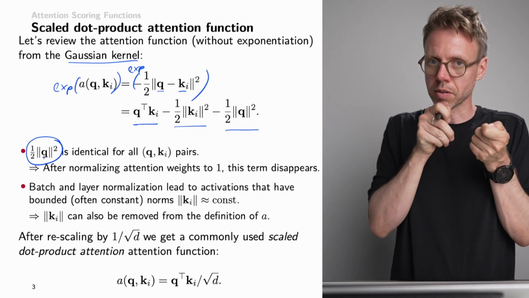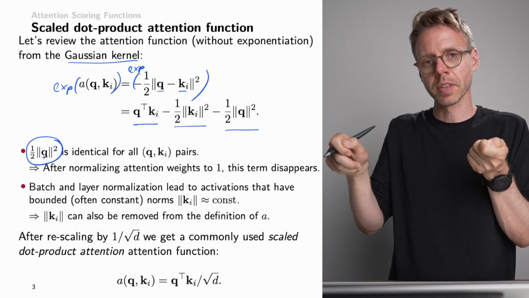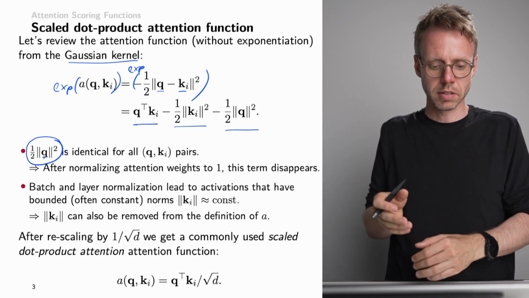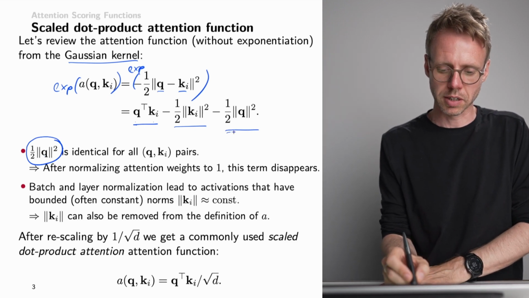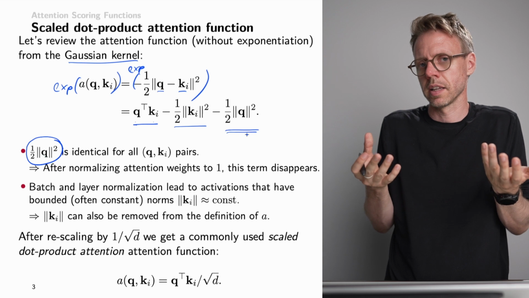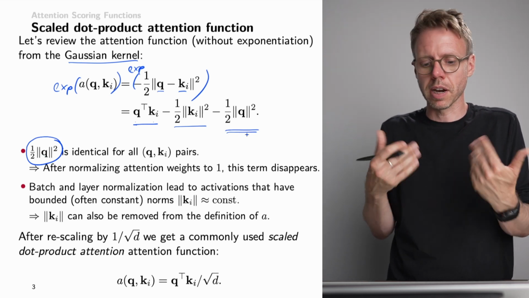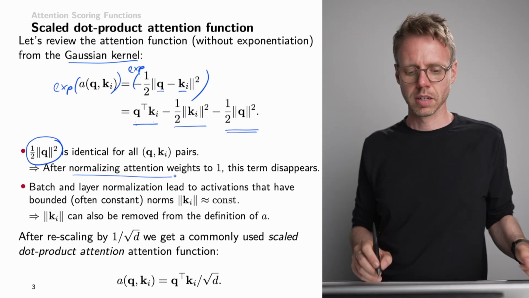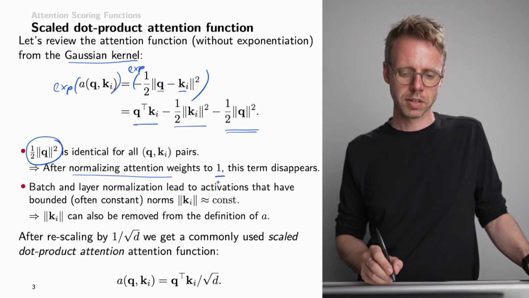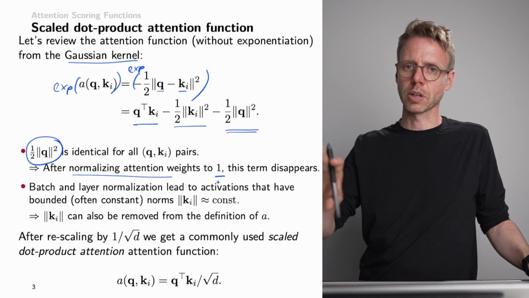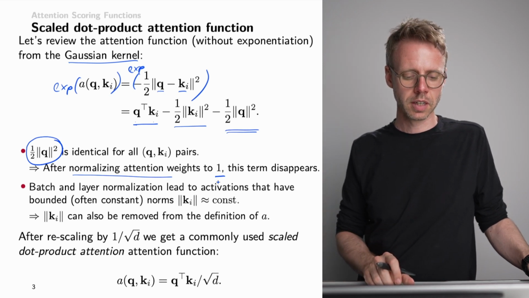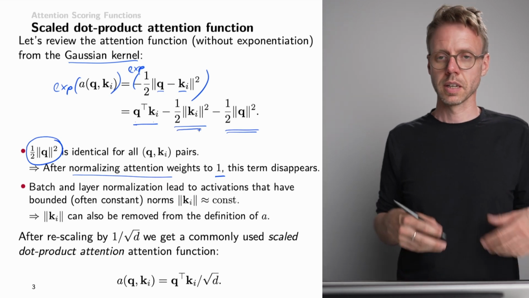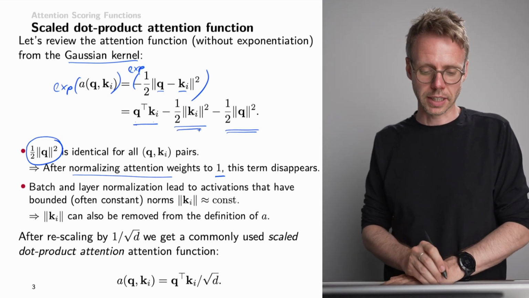So when we remember that we're comparing attention between different keys, we're basically computing here a term that is identical, and thus in order to compare them it would be irrelevant, especially if we then normalize the attention weights to 1, this term would disappear completely. Similarly, we have this term that is based on the norm of the keys only.